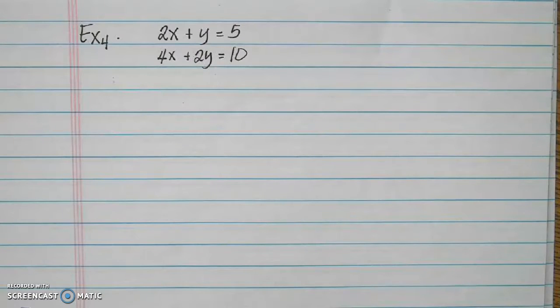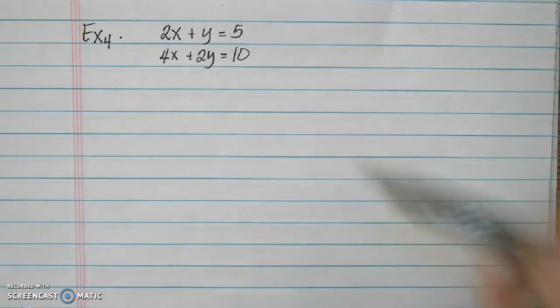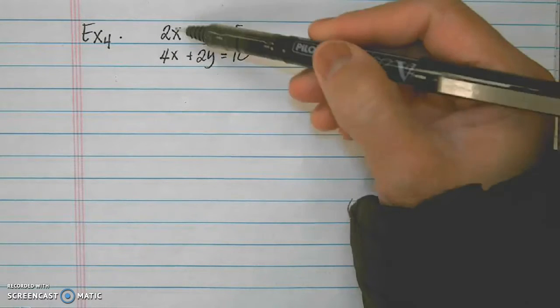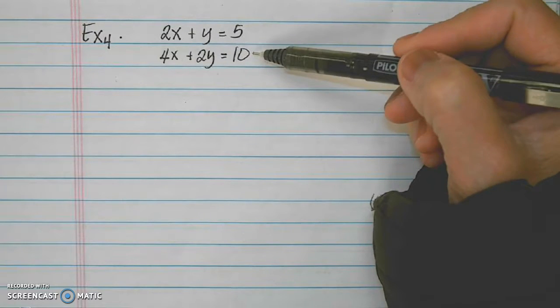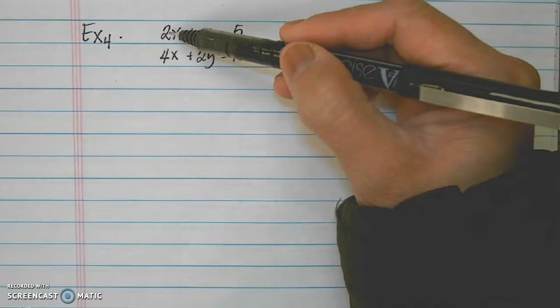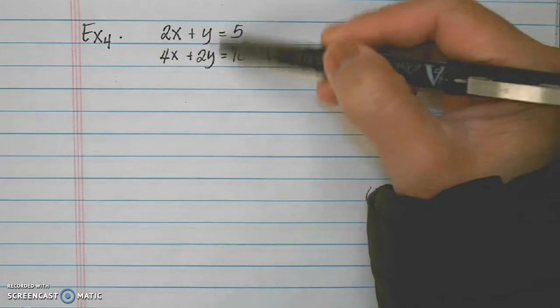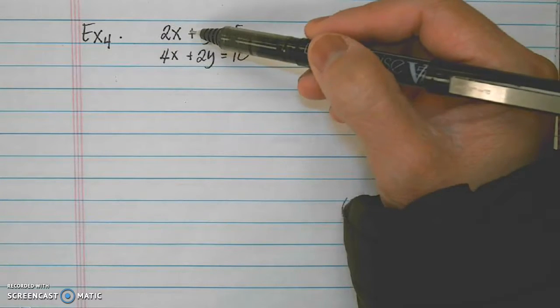All right, for our last and final example on solving systems of linear equations by elimination, I'm using these two lines: 2x plus y equals 5, 4x plus 2y equals 10. They are all aligned, so I don't need to do any movements. However, I'm looking at my x terms and my y terms, and it seems like I could not eliminate unless I do something.